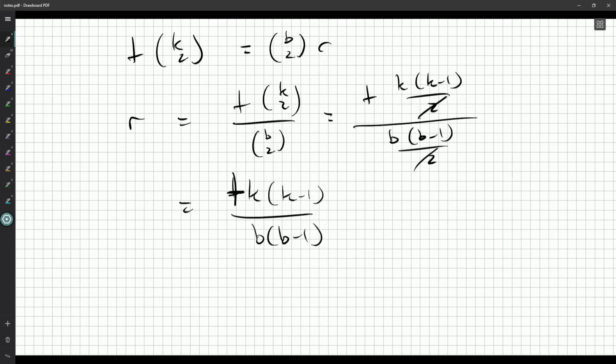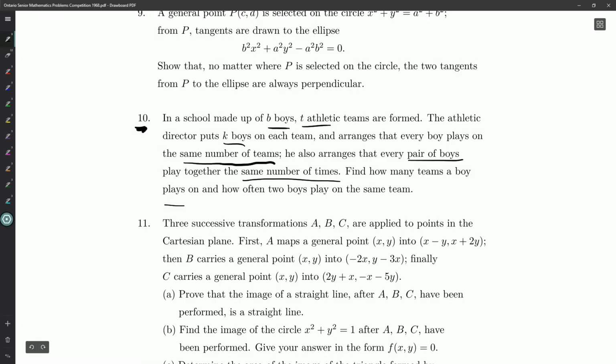I'm just going to double check there wasn't anything else, was there? Find out how many teams a boy plays on. Well, we just have to do it in terms of B, T, and K. Those are the only values we're given. And how often 2 boys play on the same team. Yeah, that's what we were asked.